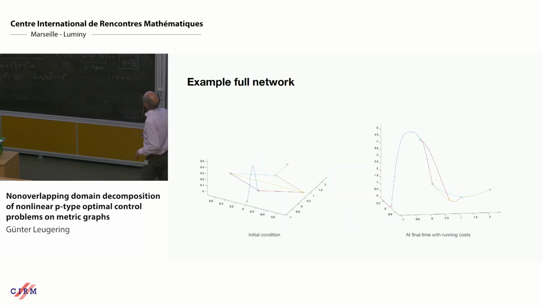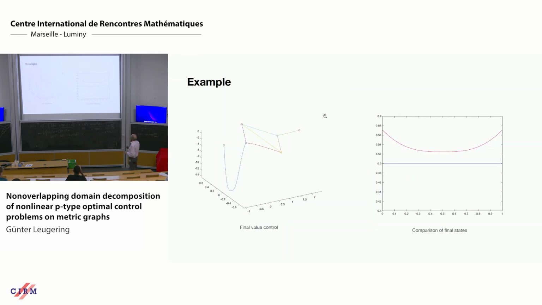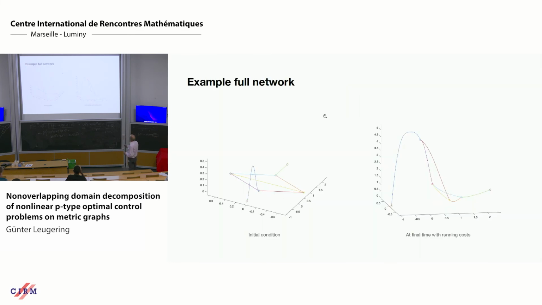So, okay. This is, for instance, one of the instances. I have an initial condition on this, what we call diamond graph, and I have a boundary control. I would like to steer this particular edge to 1, right? And you can implement this with IPOPT and it does the job, right?